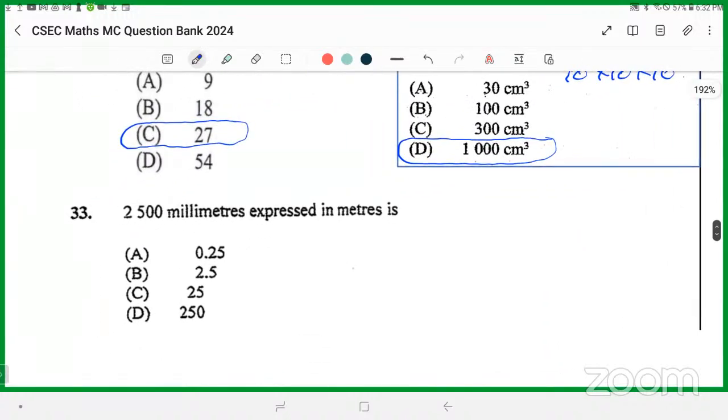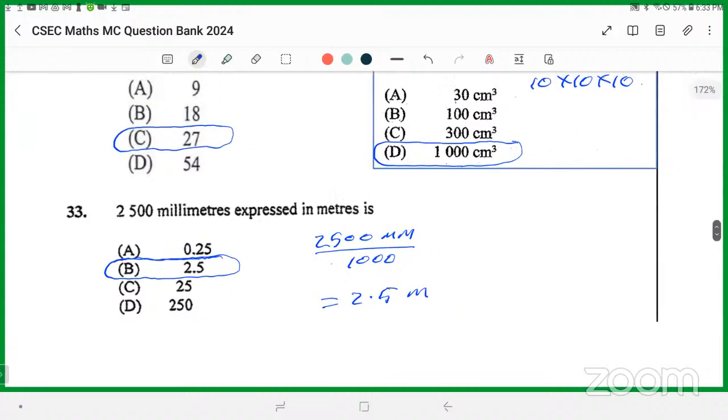2,500 millimeters expressed in meters, you divide by 1,000. Same question, listen up. Divide by 1,000, you get meters, which is 2.5 meters. So the answer is this one. Same question we did earlier.